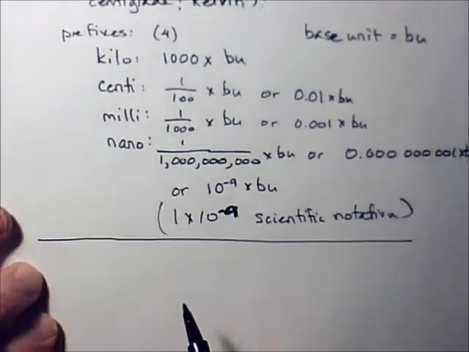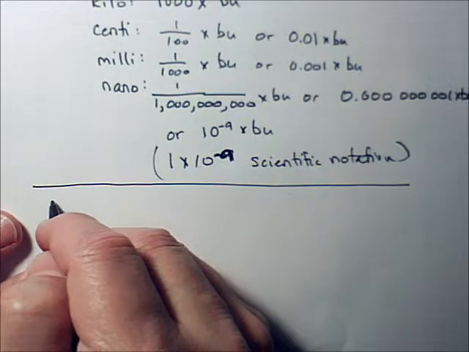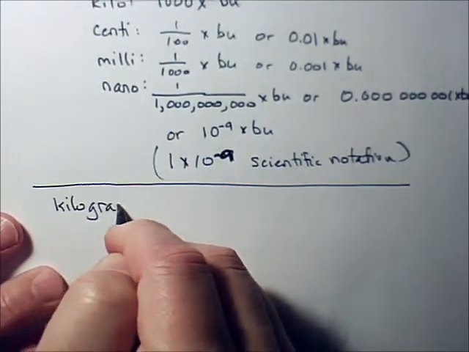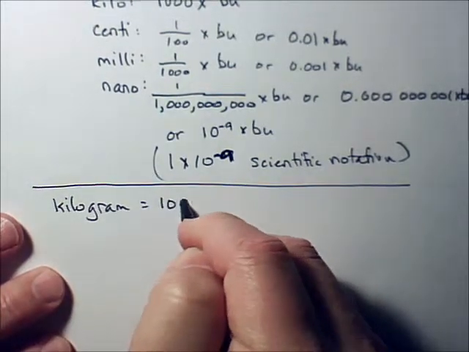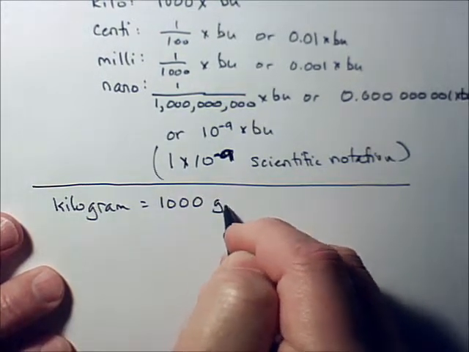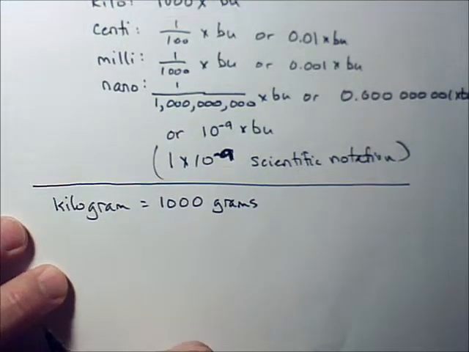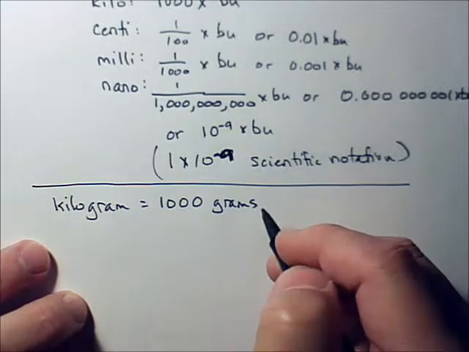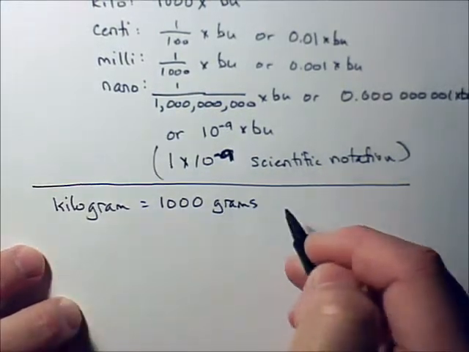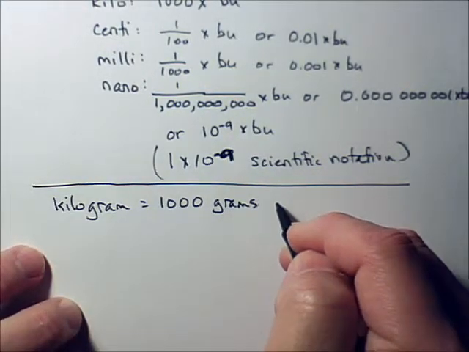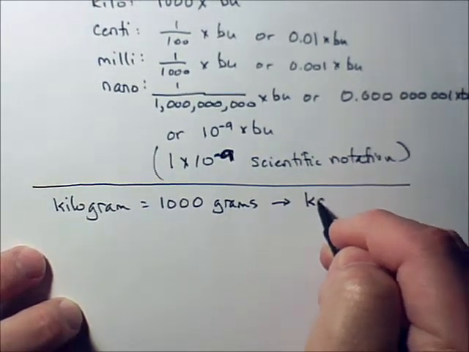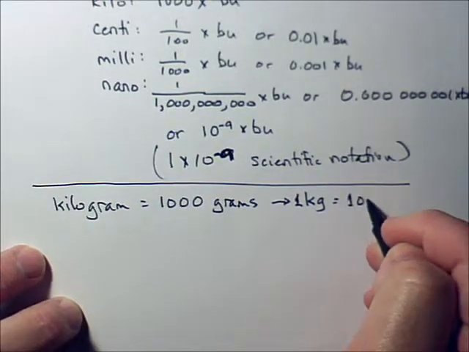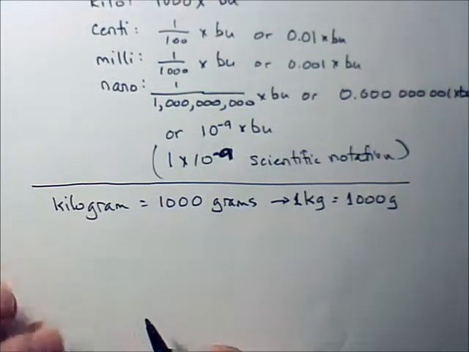So if a kilogram equals 1,000 grams, then we can write that as 1 kilogram equals 1,000 grams.